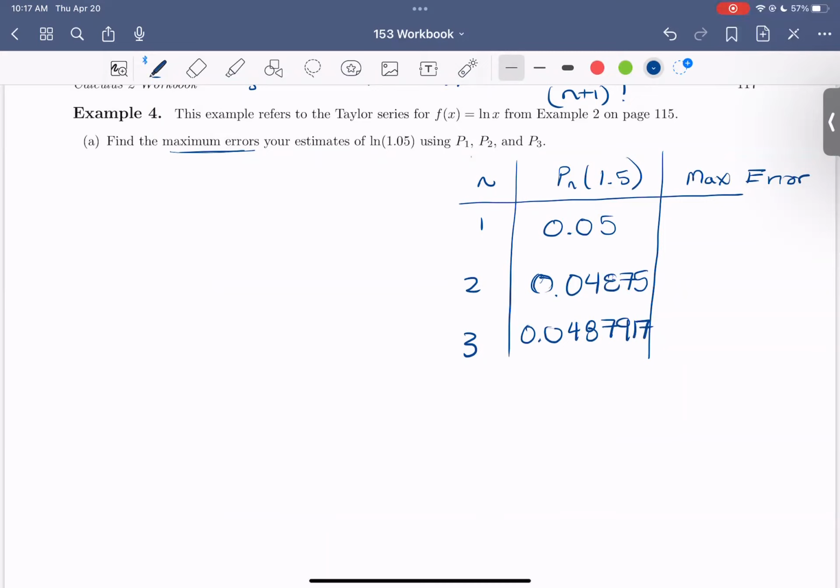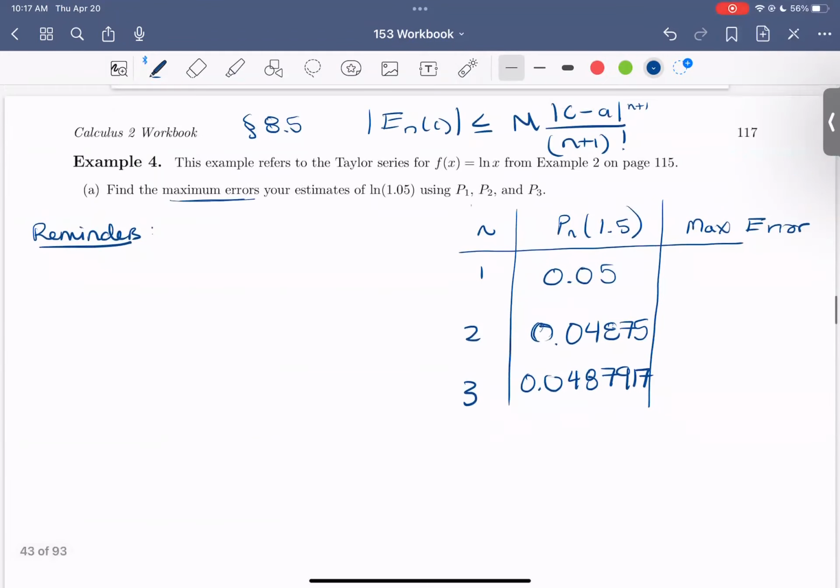Our goal here is to compute this maximum error for each of these Taylor approximations. So let's start with our reminders, which include values that we need in order to write out this maximum error. We need an a, a c, and then we're going to need to find our M's. Our Taylor polynomials were centered at 1, so a is 1.